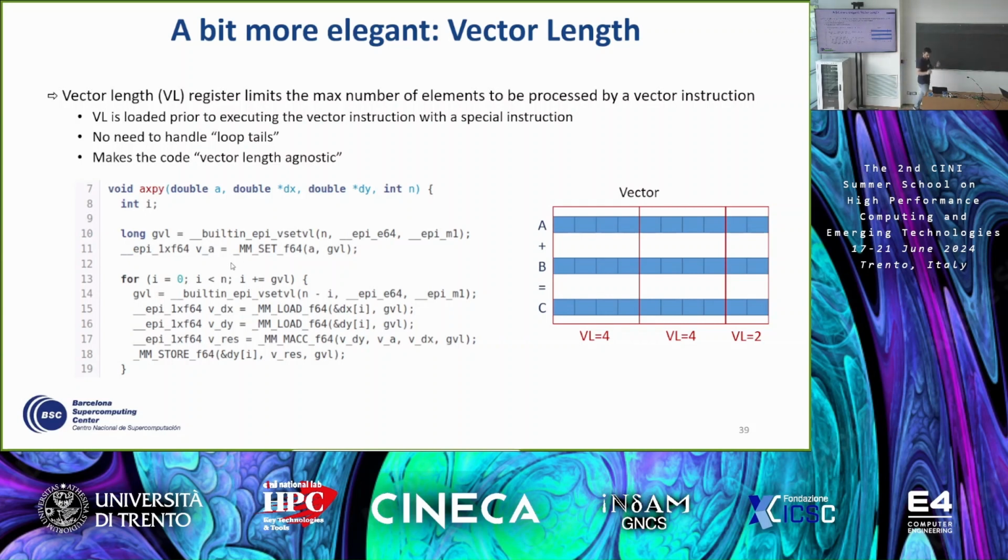Okay, so yes, please. The short answer is the latency decreases, but it's not linear. So if you are using half of the data, you are not spending half of the cycles.